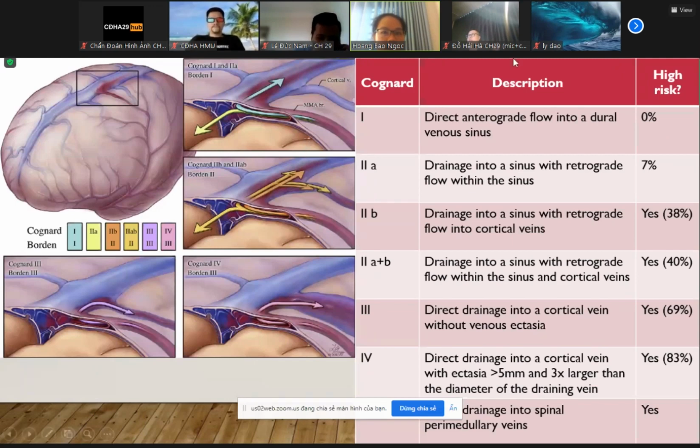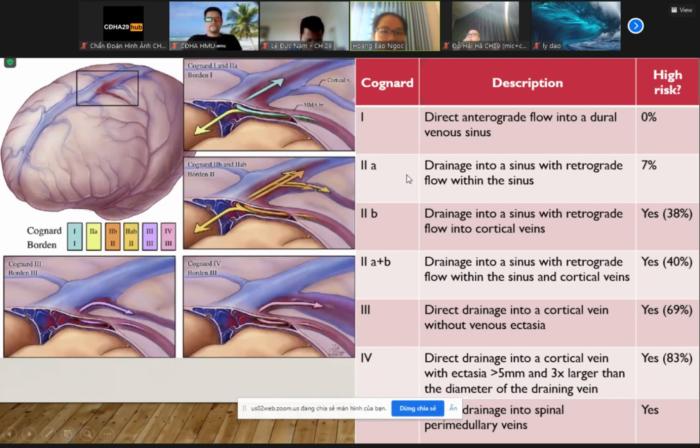This is the description of the Cognard classification and the equivalent Borden types. It is divided into 5 types. Cognard 1 has direct antegrade flow into the dural venous sinus, and usually it is a benign lesion with 0% suffering from aggressive symptoms.